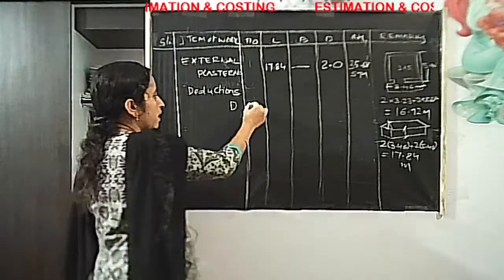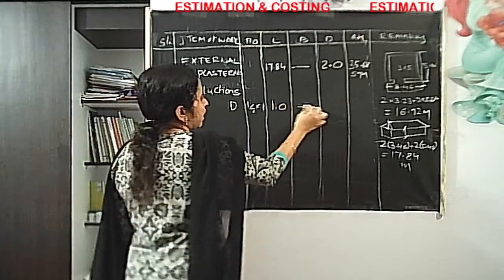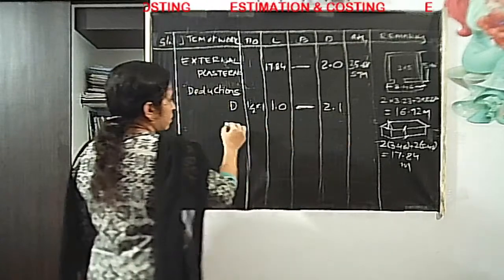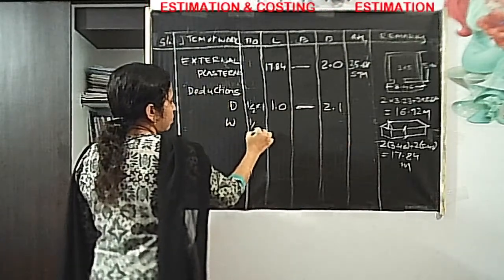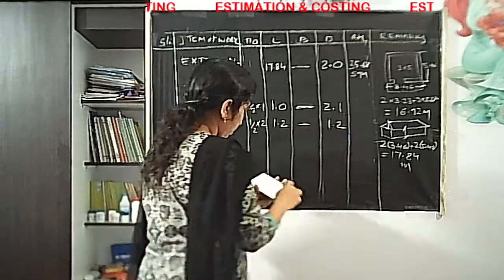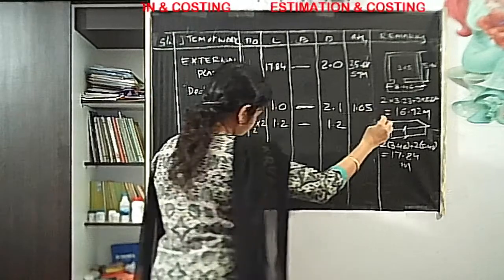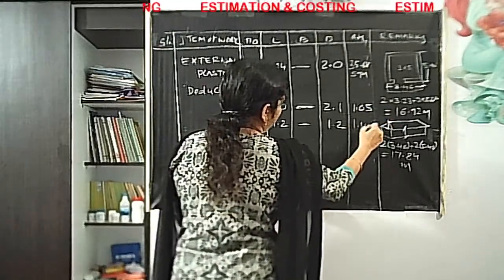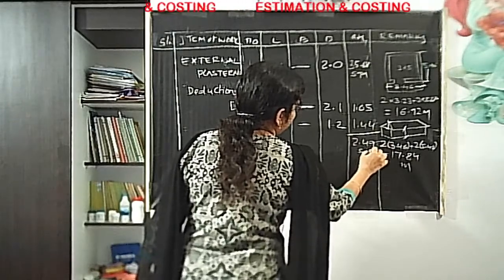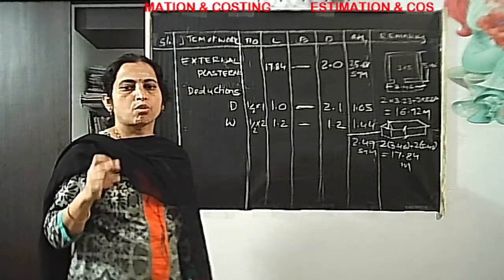So, D is 1 in number, so half into 1, dimension 1 by 2.1. Same way W, half into 2, 1.2 by 1.2. So, this you have 1.05 meter and this you have 1.44. Total it is 2.49 square meter is the deductions in the external plastering.